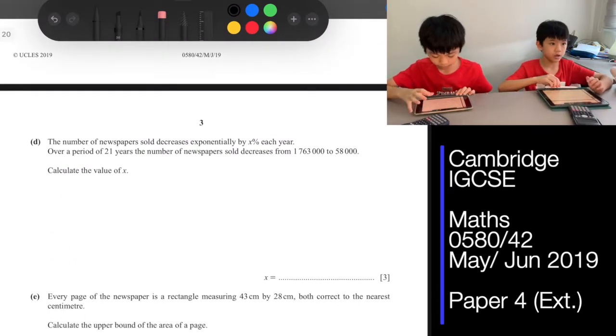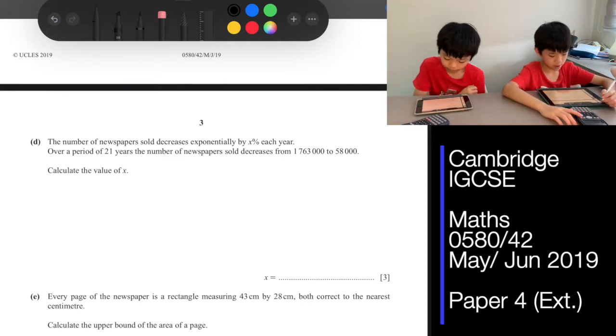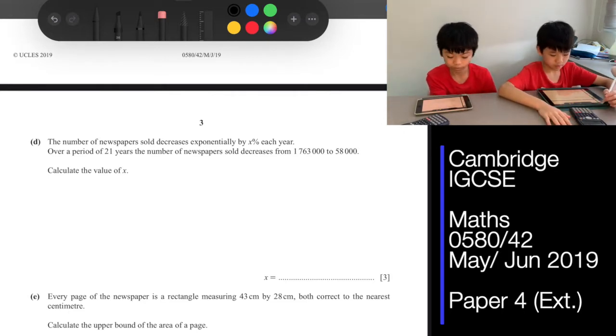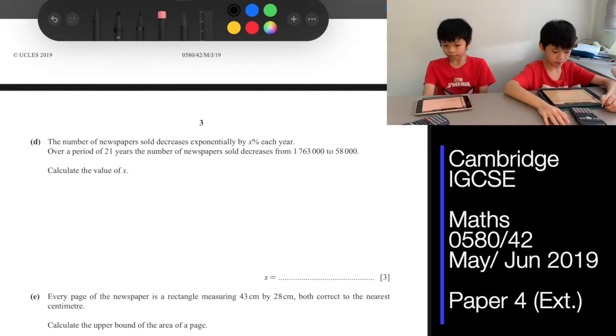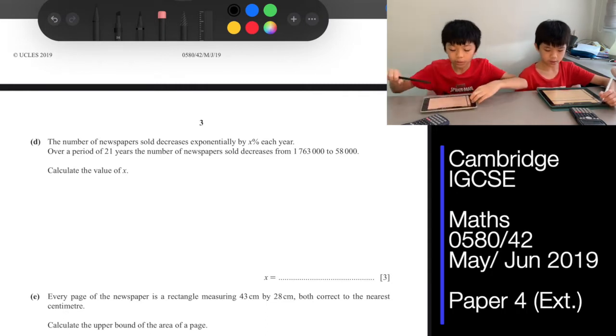For question 1D, the number of newspapers sold decreases exponentially, meaning compound interest, something like that. It decreases by X% each year. Over a period of 21 years, the number of newspapers sold decreases from 1763000 to 58000.